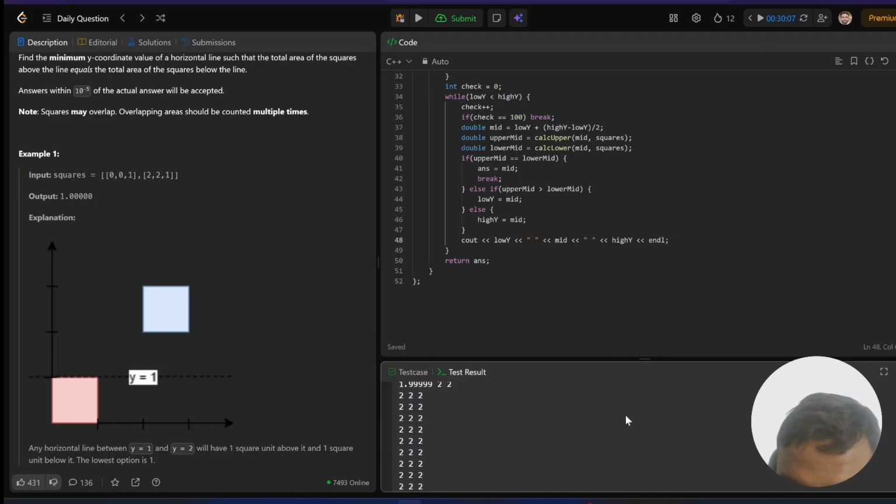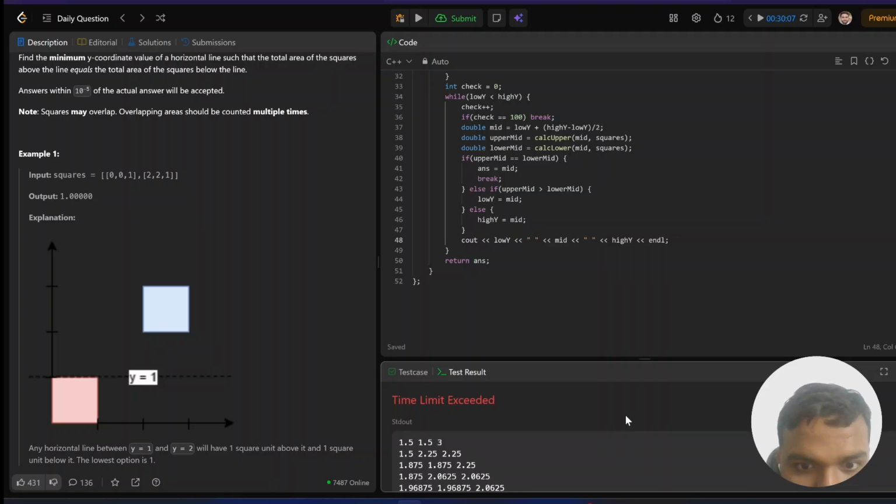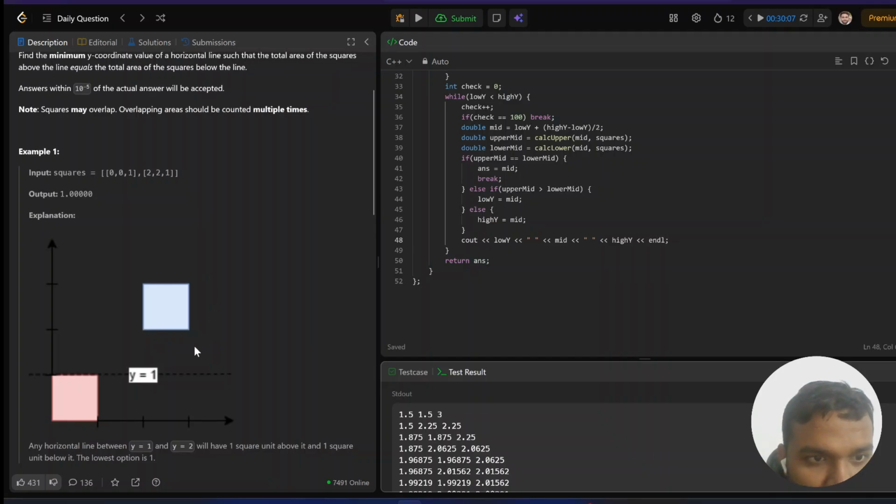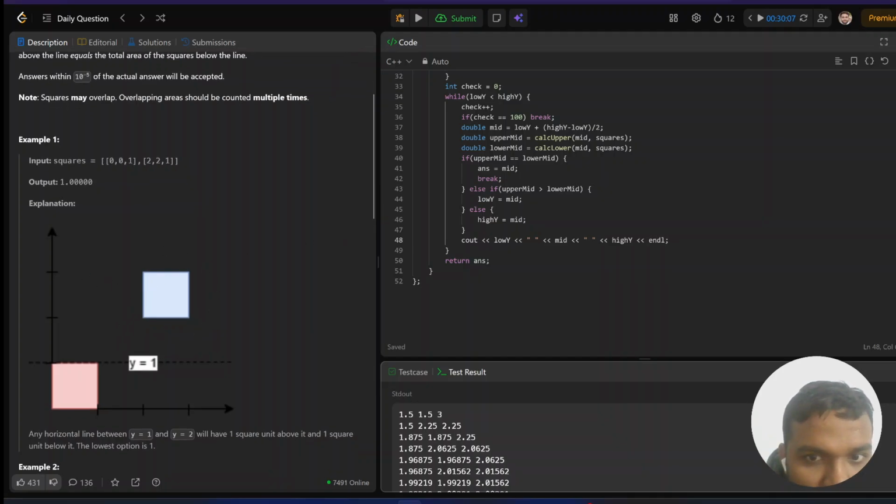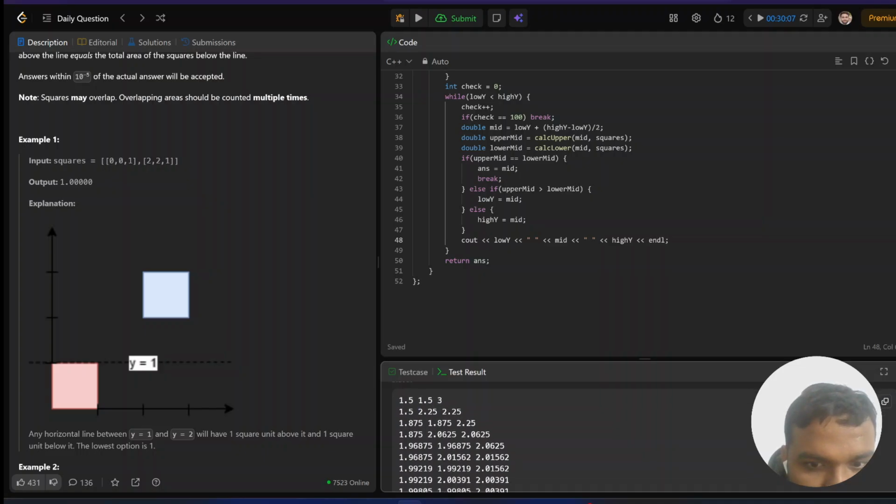This type of thing is happening. So at the very first, for this example, low is 0, then low is 1.5 as low is updated. Then again it comes closer, then it comes closer, 1.96 and 2.06.